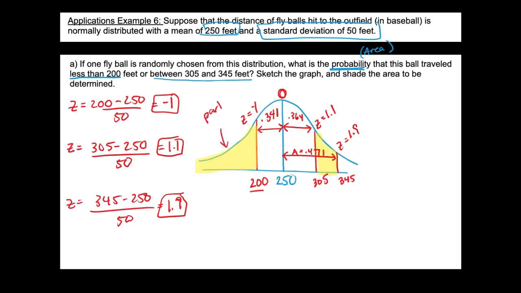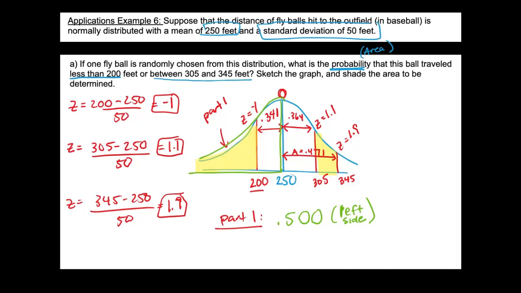We'll say this is part 1. So for part 1, what I'm going to do is I'm going to use the fact that the entire left side, the area is 0.500. I said right, I meant left, sorry. So the whole left side is 0.500 or 0.5, 50% of the curve.